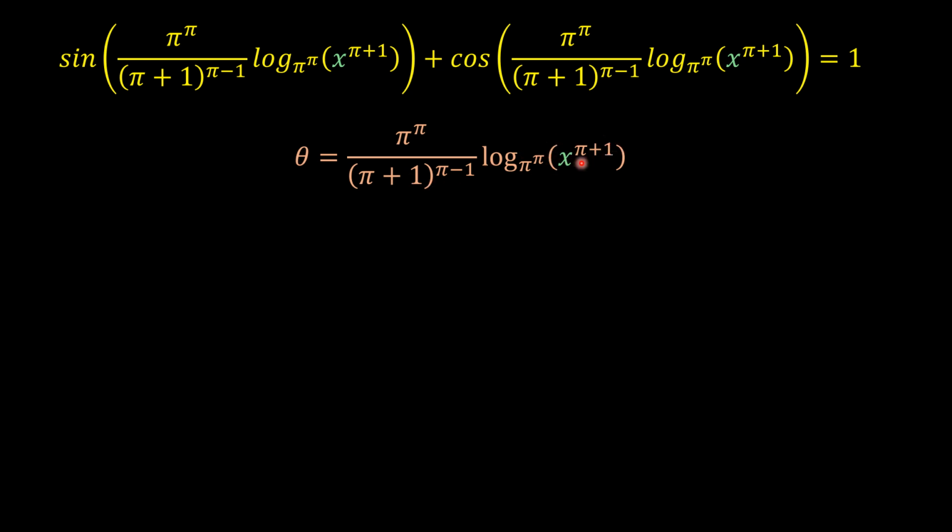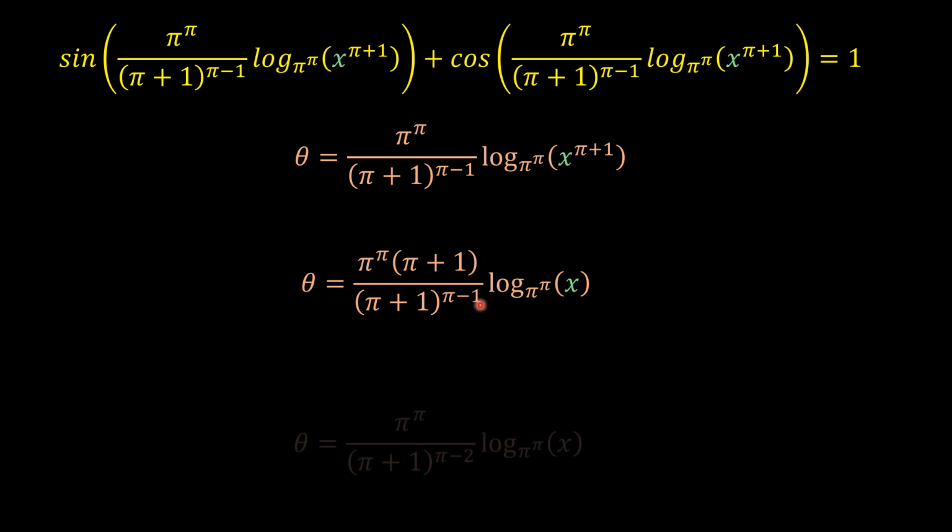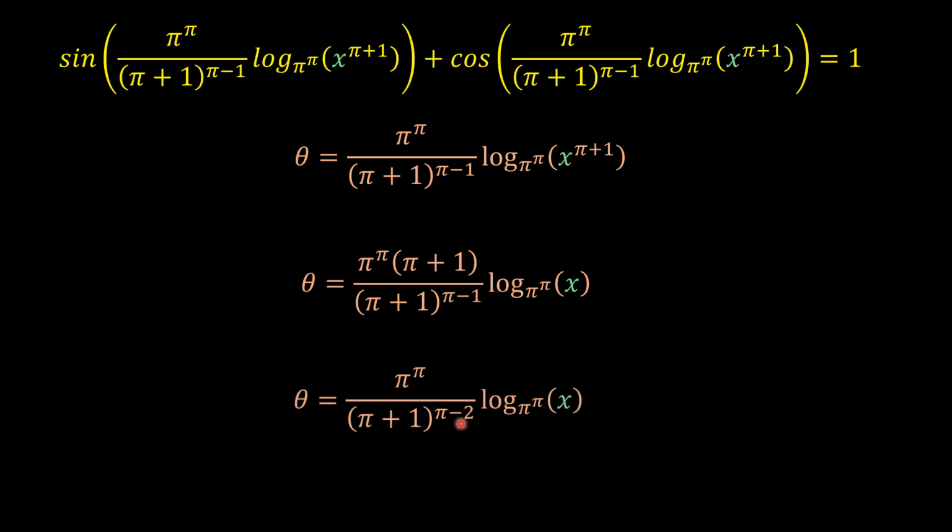So I'm going to bring this one, multiplying this log here. So this one came here, and then this is the power of 1. If we see that this one here is equal to this one here, so I'm going to send this down to the power of -1, and then we're going to have this one to the power of pi minus 2, right?